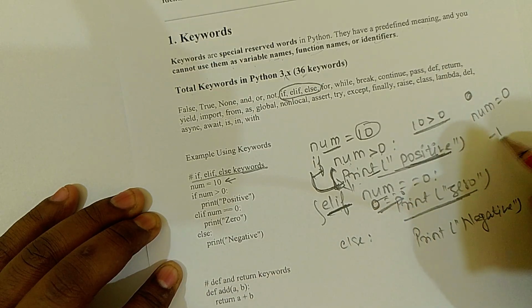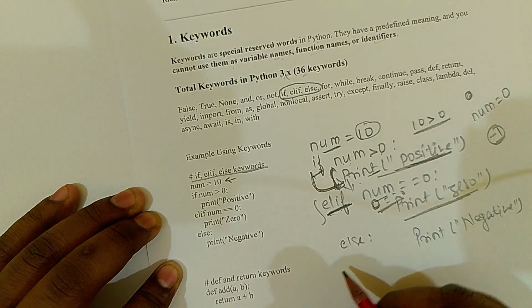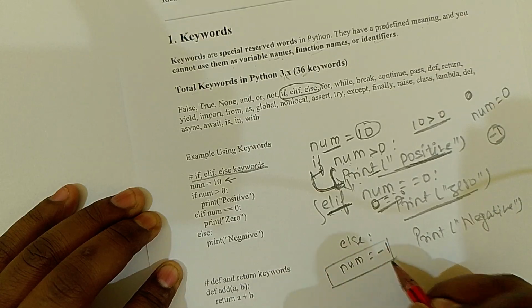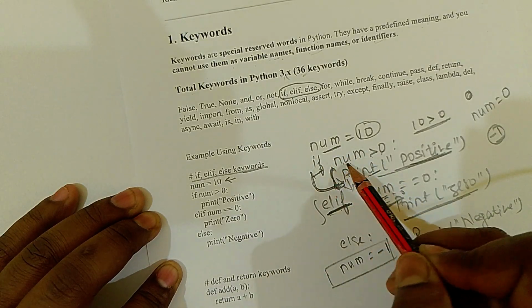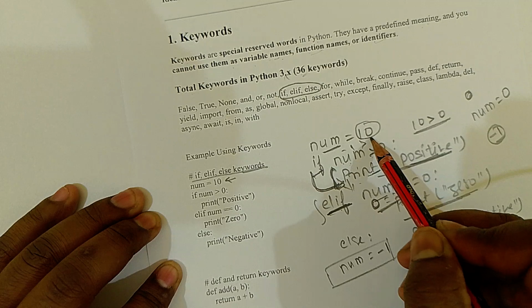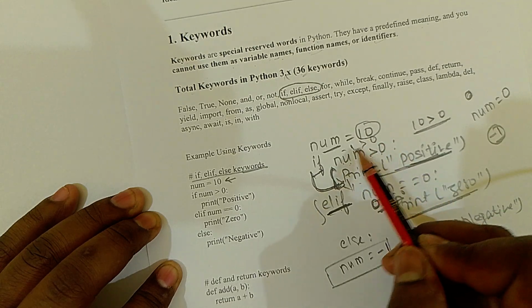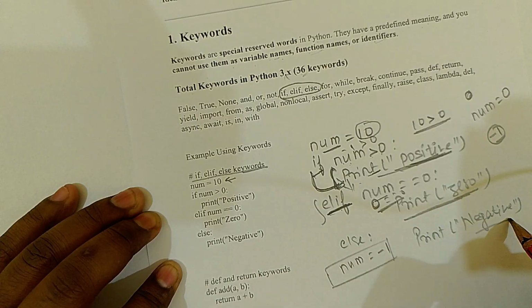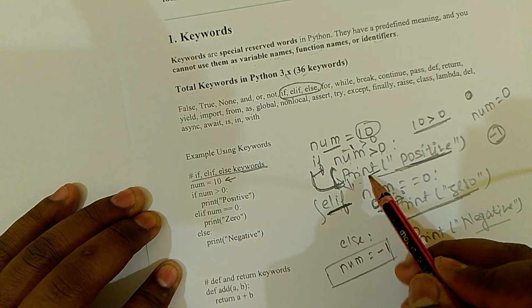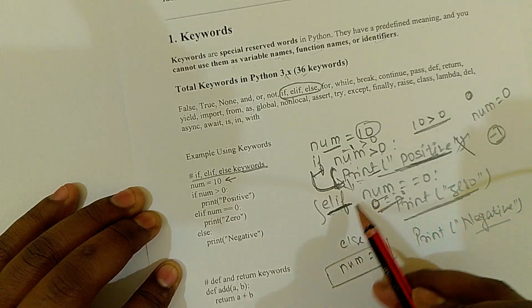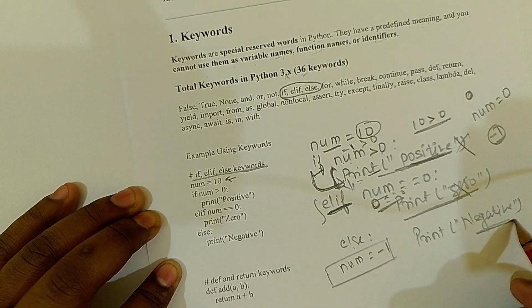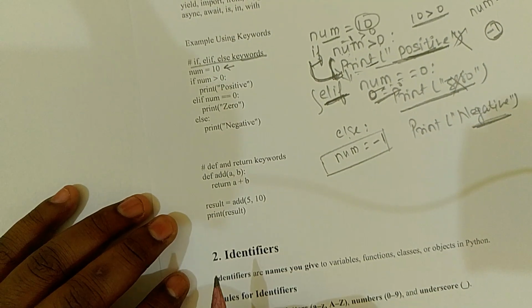If I take num equal to -1, what happened here? Print positive, no; else if num is equal to 0, no; else print negative, yes, because it is negative. Now let's go to the second example.